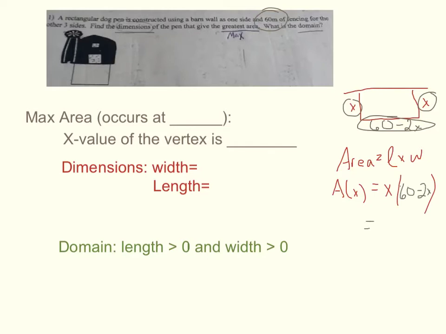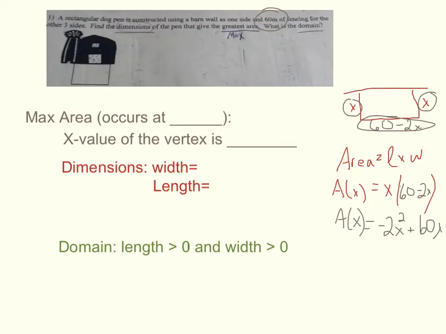If you wanted to, you could distribute that: negative 2x squared plus 60x. All I've done is turn it around. That is your function for the area in terms of x. Write that down.